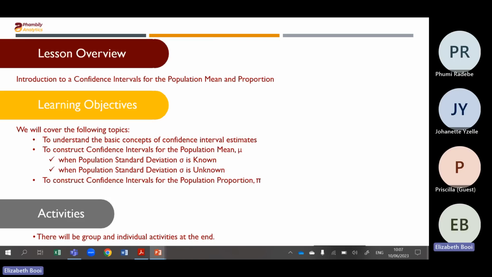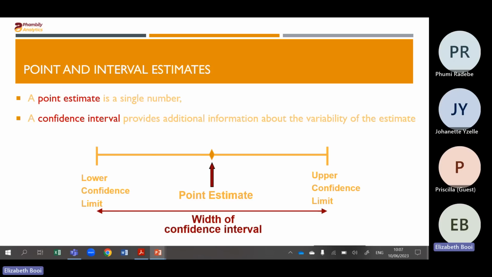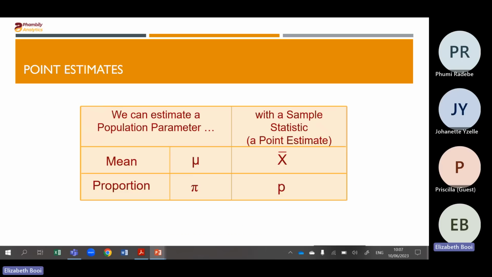I'm going to do a quick recap on some of the concepts, and then I'll get to today's session. We also learned that with confidence interval, we're working with two boundaries, the lower and the upper limit of the confidence interval, and we always use a point estimate, which is your sample statistic.